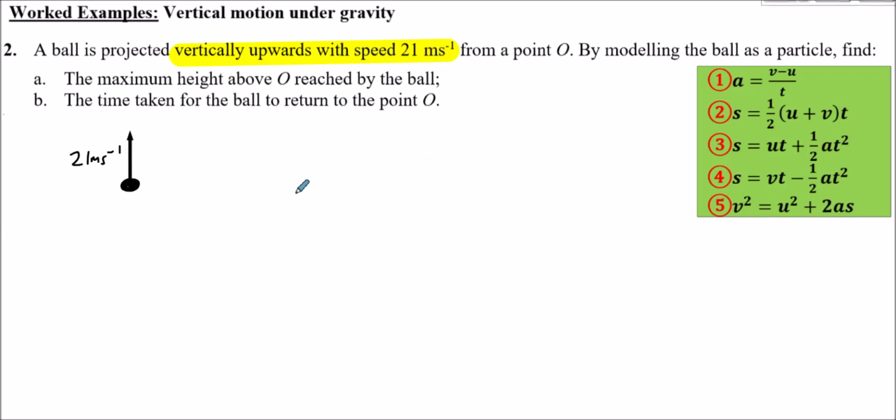However, we know that the acceleration is going to be going against that particular initial direction of motion. So if I just bring this down slightly, then we know it'll go up, up, up, and eventually we'll return to this point O at the bottom.